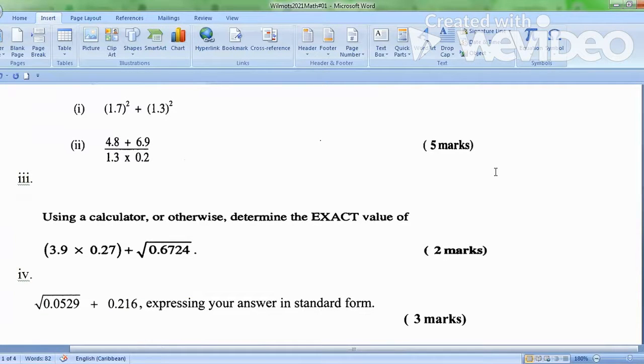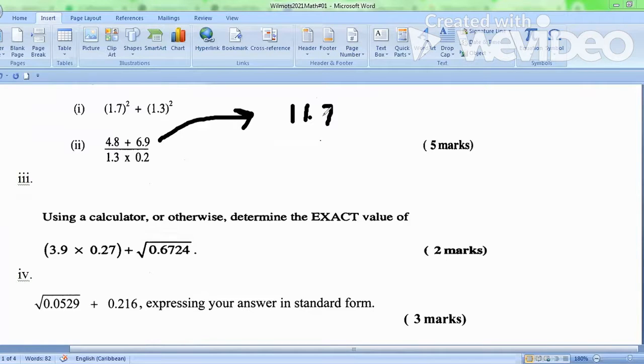All right. Go ahead. Right, so for that one, you'd actually have the top part, which is 4.8 plus 6.9, and that gives you 11.7. Now down below, if you want to write, you can write the divide.